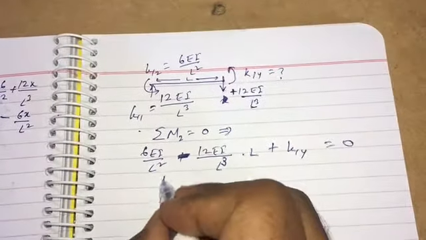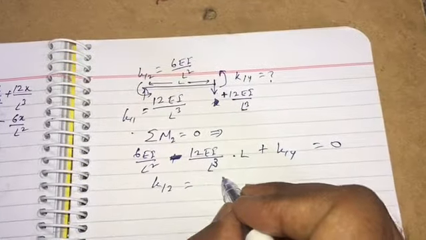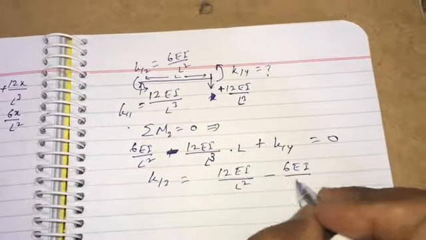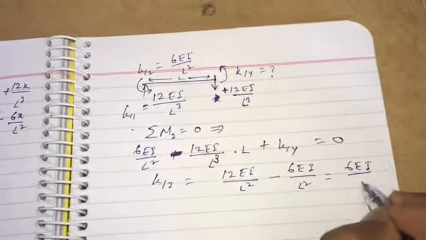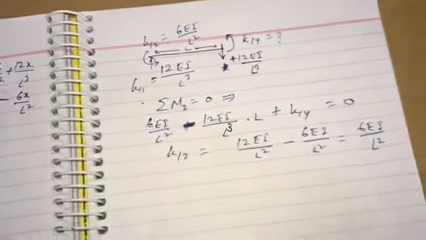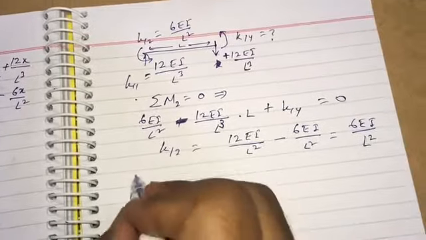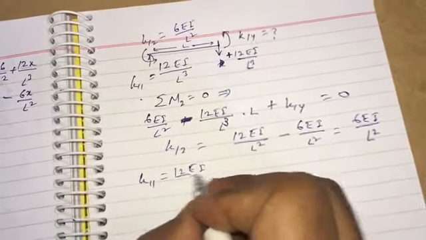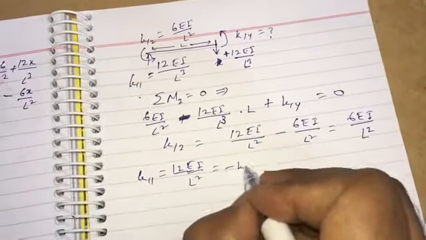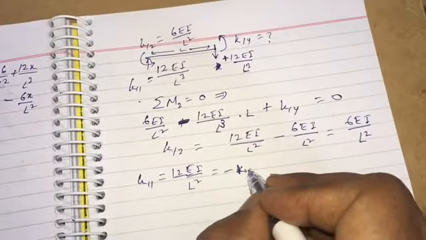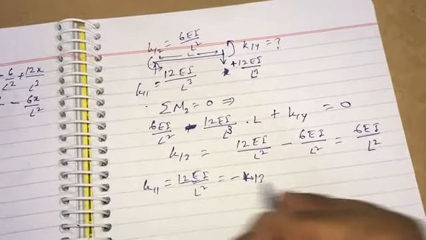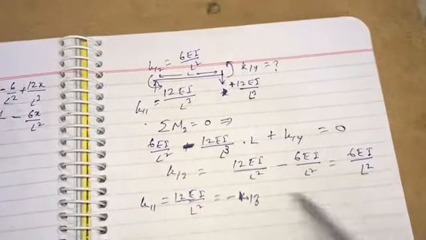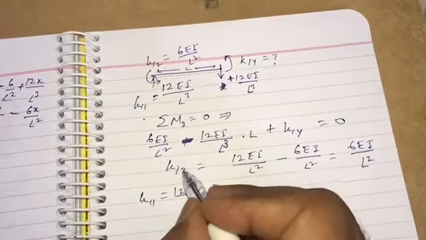Okay, so what we get? We get K14 equal to 12EI over L square minus 6EI over L square equal to 6EI over L square. So we got K11 already, and K12, sorry, this is K14.